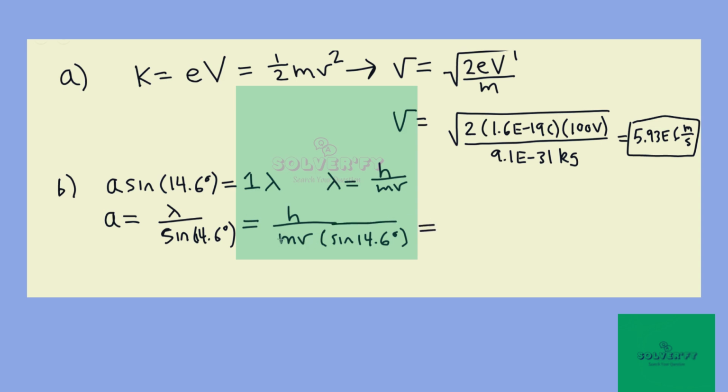And when we plug in our velocity and our mass and Planck's constant, we will end up with a slit width of 4.8796 times 10 to the negative 10 meters, which is 0.488 nanometers.